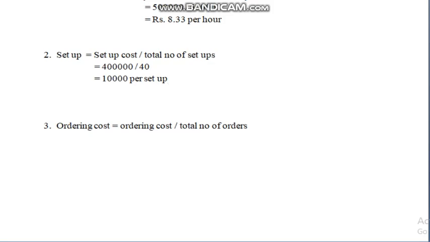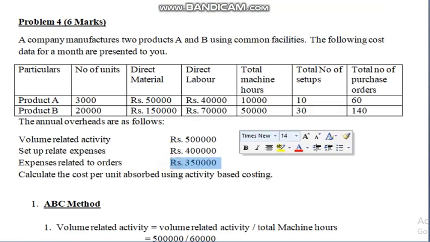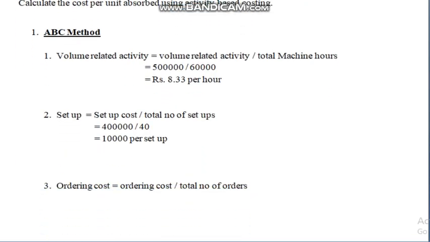Now move to the last activity, ordering related cost. The formula is ordering cost divided by total number of orders. The cost of orders is rupees 3 lakh 50 thousand, divided by the total number of orders.